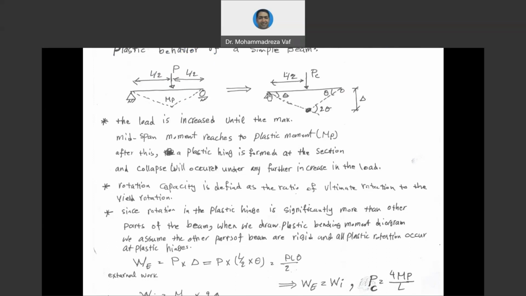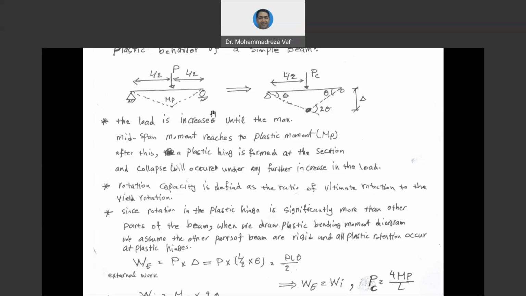How about internal work? Here we have two hinges, and these hinges have been there from the beginning. Therefore, they haven't done any work. However, since we have generated a plastic hinge here, we have some internal work done by this plastic hinge. How much is the bending moment at this plastic hinge location? It is MP. According to what I said, the bending moment cannot be more than MP. The moment that it reaches MP, we get one plastic hinge.